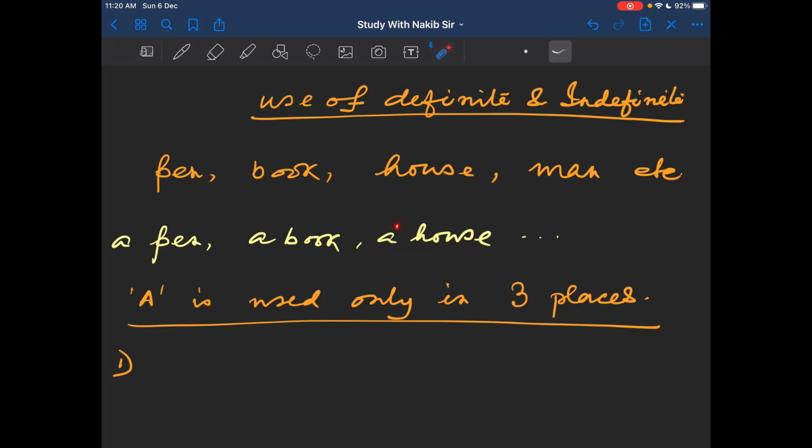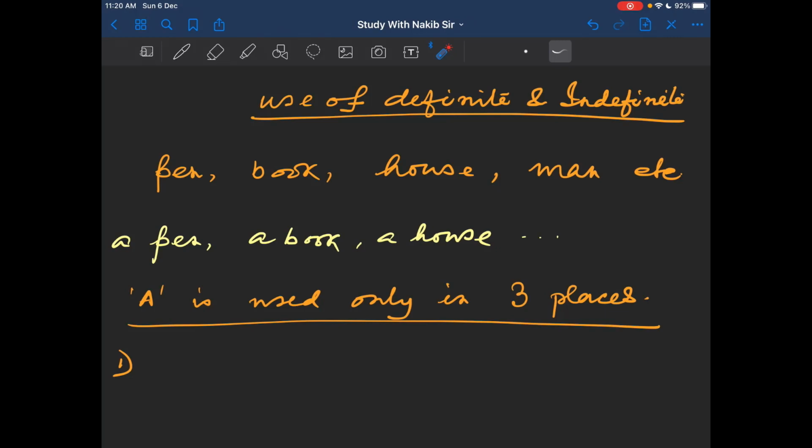So a pen, a book, a house. So when a count noun begins with a consonant, then you must use one a before it if it is not the case of an exception. This is the general rule of using a before a count noun or a common noun.